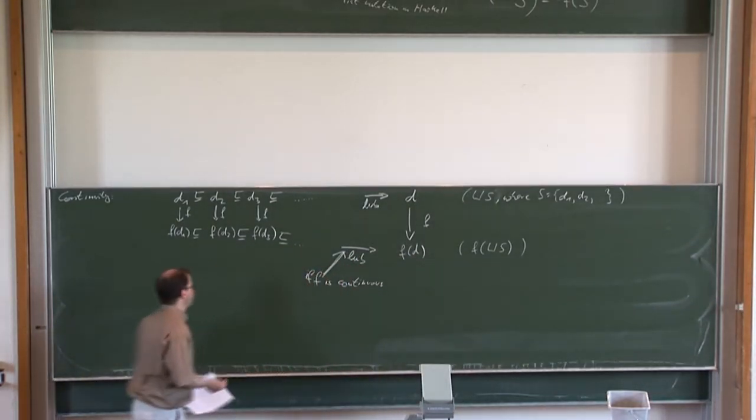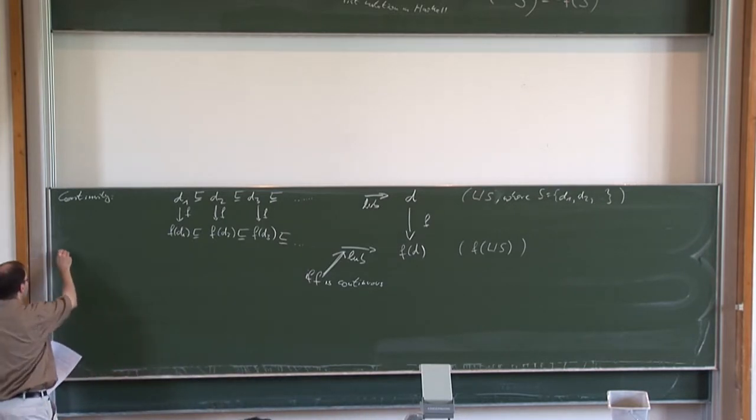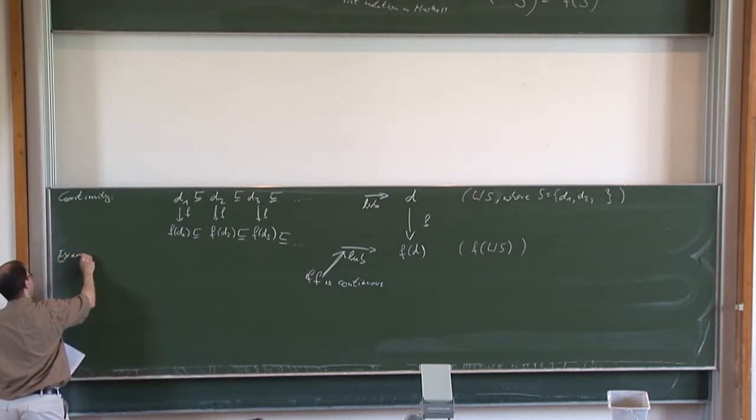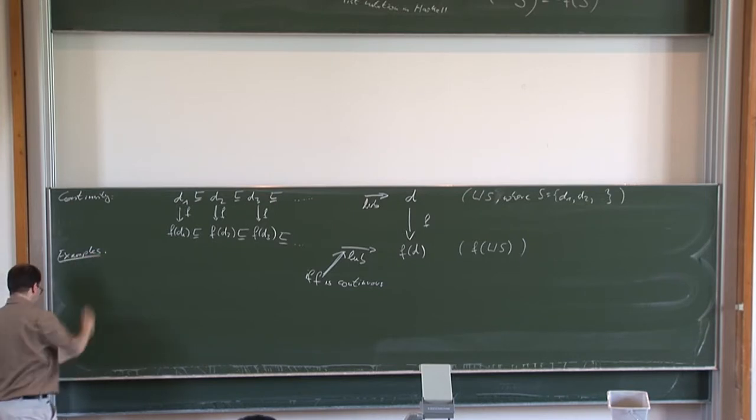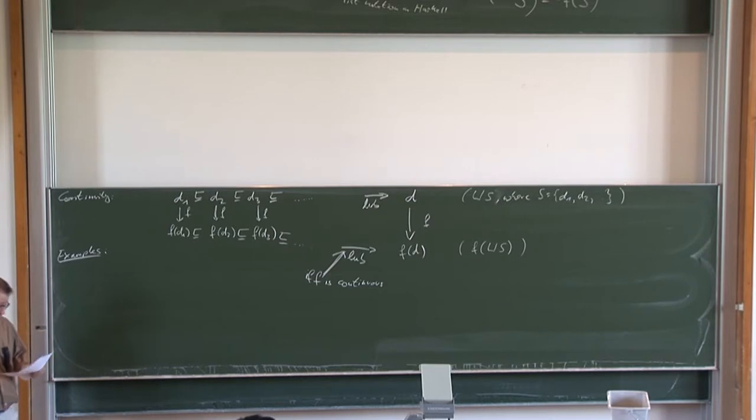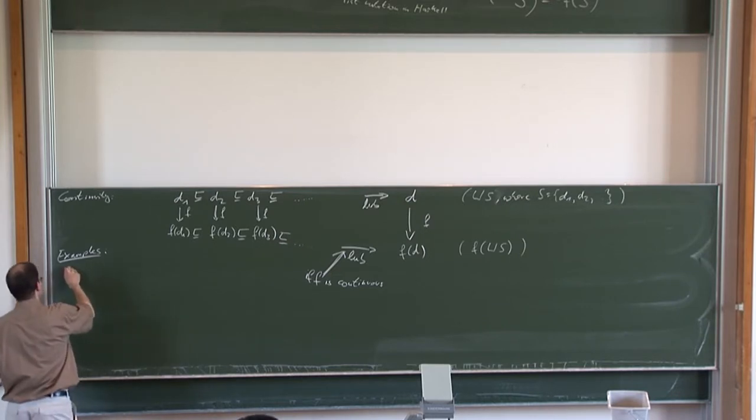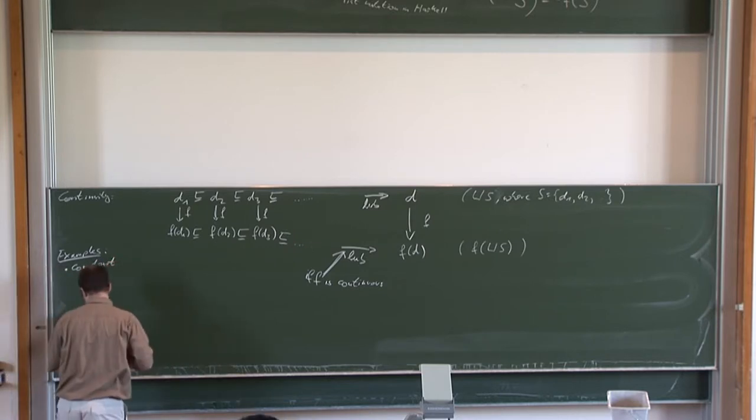Now let's look at some examples. The first example are constant functions. Constant functions are always continuous.